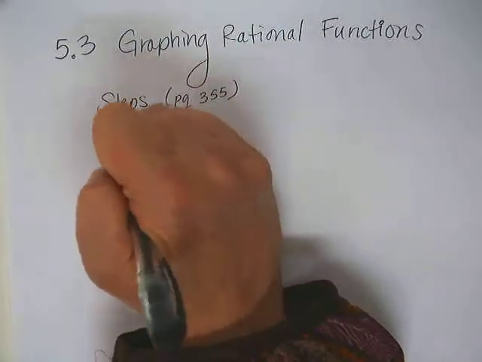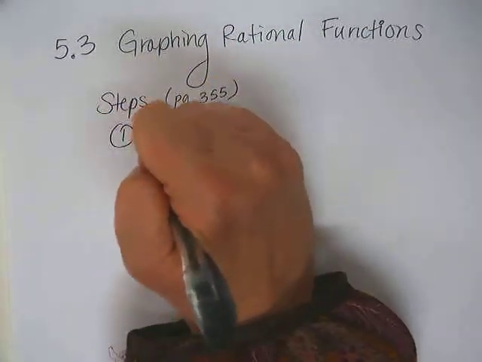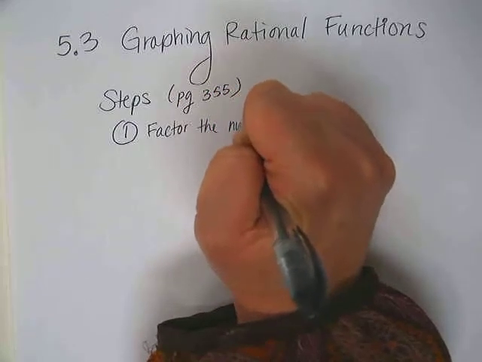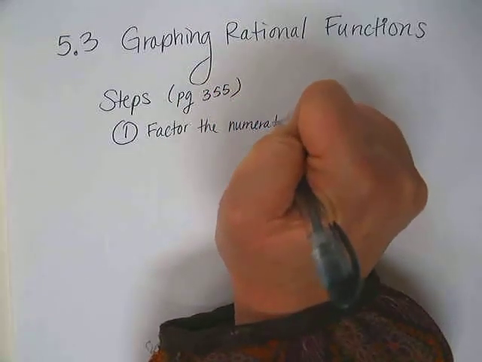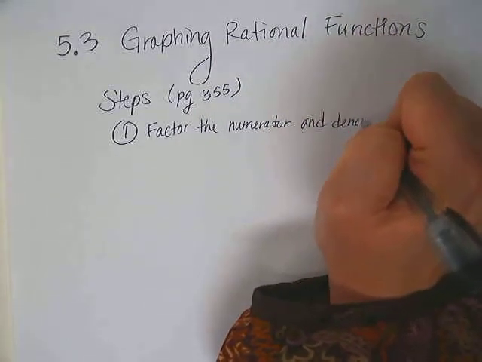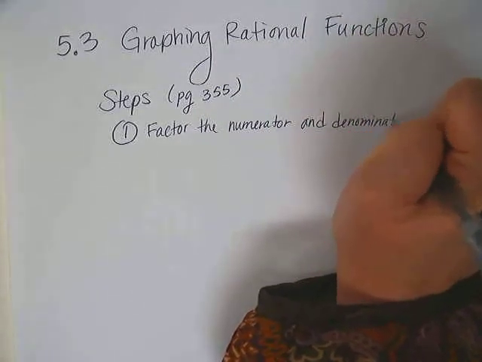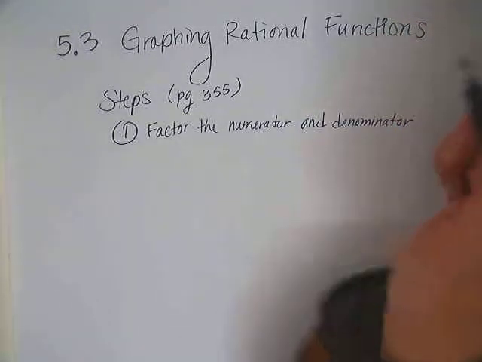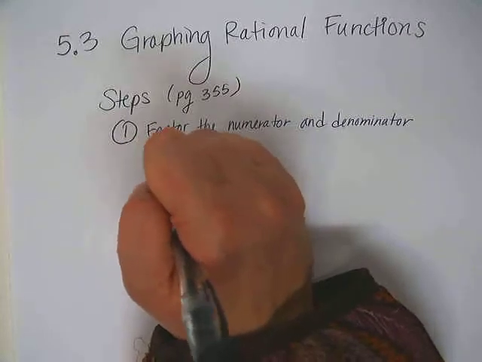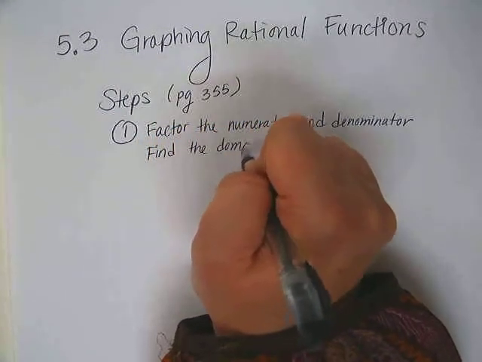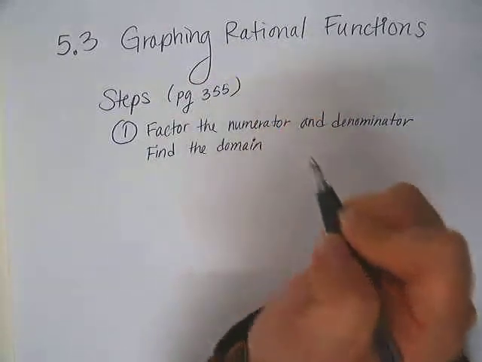Okay, so number 1, factor the numerator and denominator. Find the domain. So that means you're figuring out what values x cannot be, right?